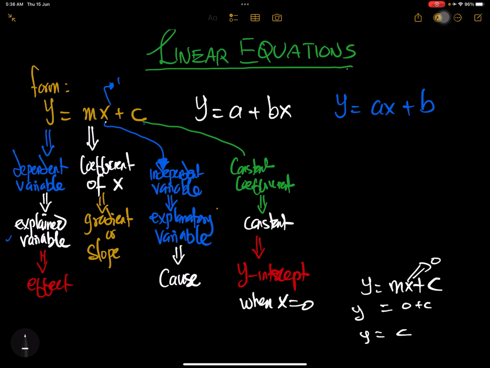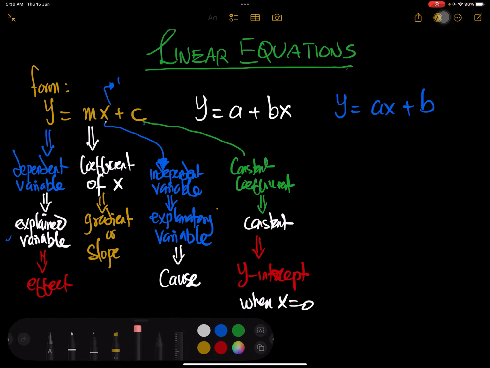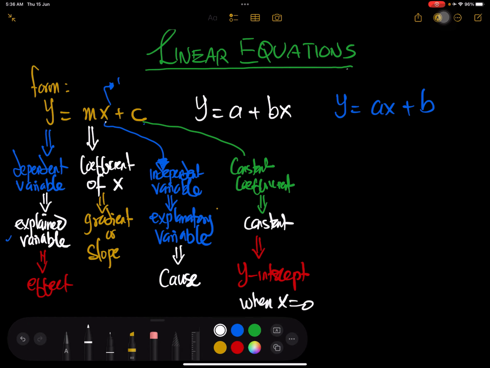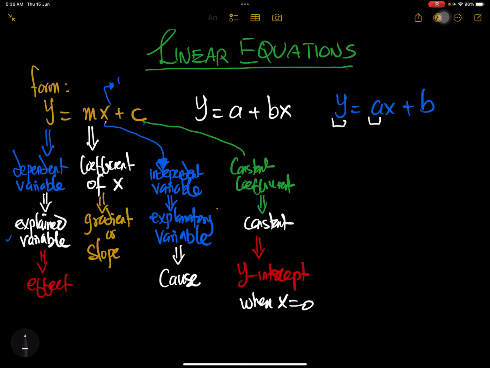So far, I hope we've been able to identify the things concerned. So we know y is the explained variable, or the dependent variable, or the effect variable. The a here we know is a coefficient of x, because it's attached to x. So it's called the coefficient of x. And then we know that this x here is known as the independent variable.